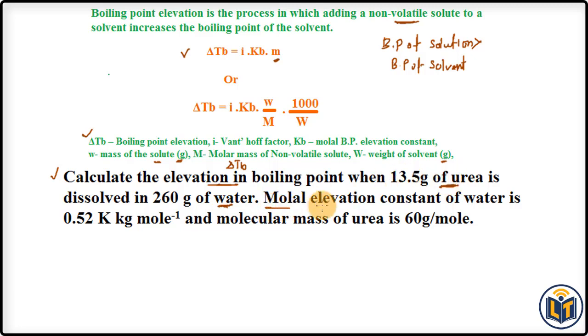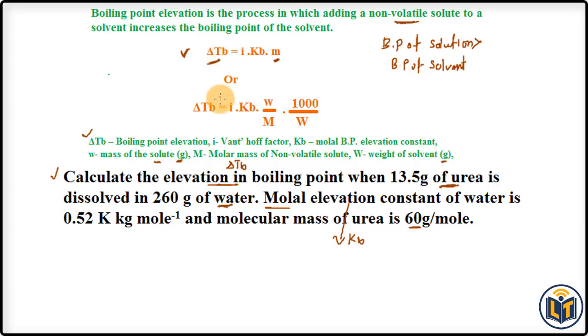It says that the molal elevation constant of water, that is the Kb value, is 0.52 K kg per mole, and the molecular mass of urea, the solute, is also given, that is 60 gram per mole. Here we can apply the boiling point elevation formula and calculate the delta Tb value.